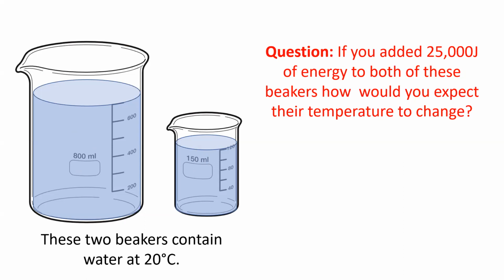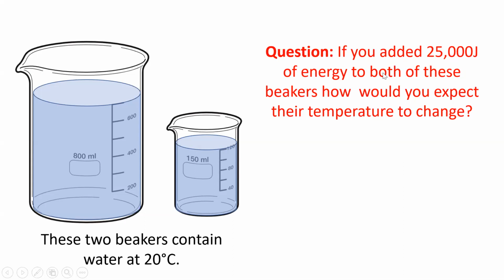In addition, 1 milliliter of pure water has a mass of 1 gram. So if this is pure water, that would be 800 grams of water here, and that would be 150 grams of water here.